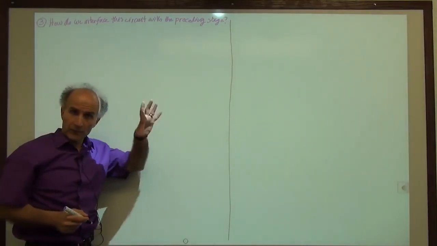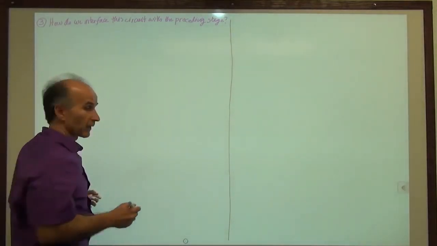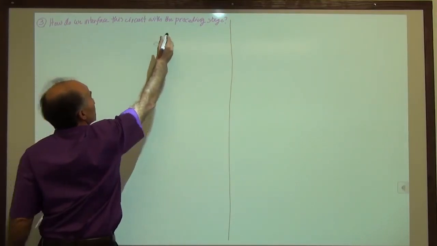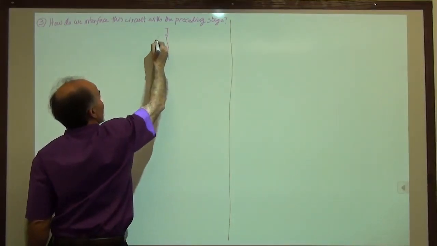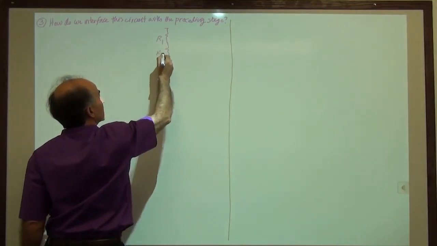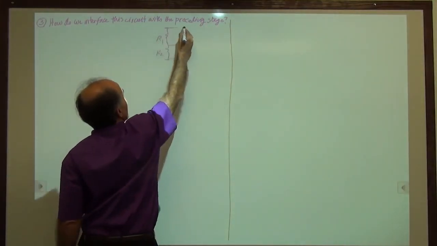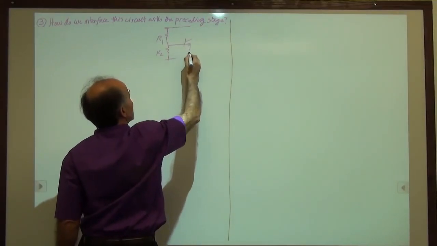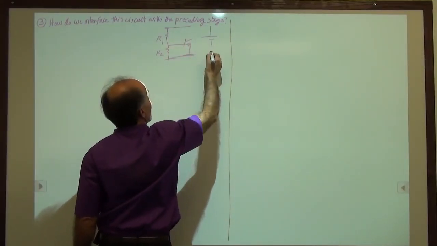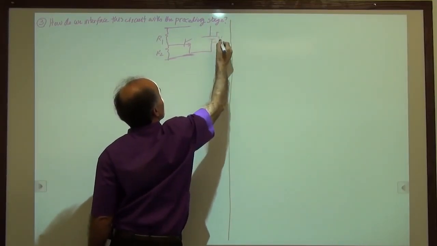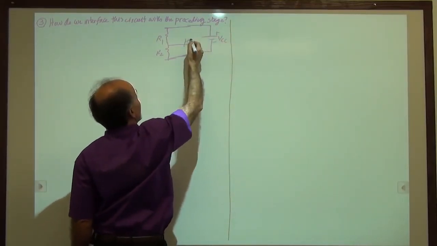So we have developed this biasing technique for the base of the device, like so. We have a voltage divider, R1, R2. This goes to VCC. And here's what we have. We have a battery here, we call VCC. And that feeds it here. We may have other stuff here.